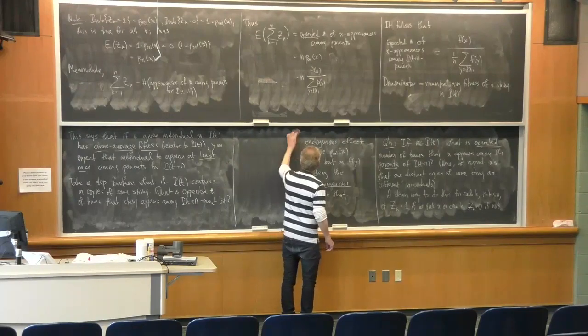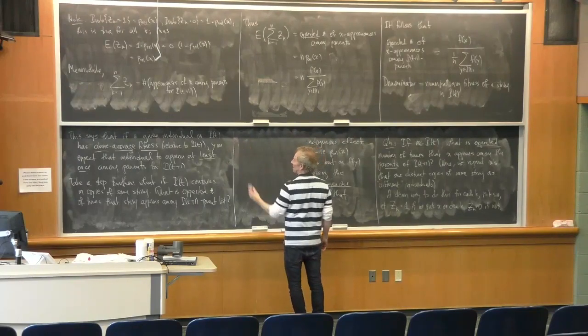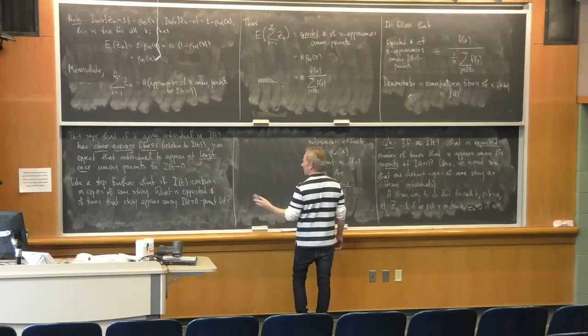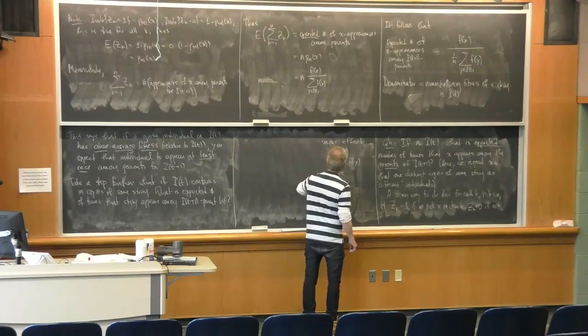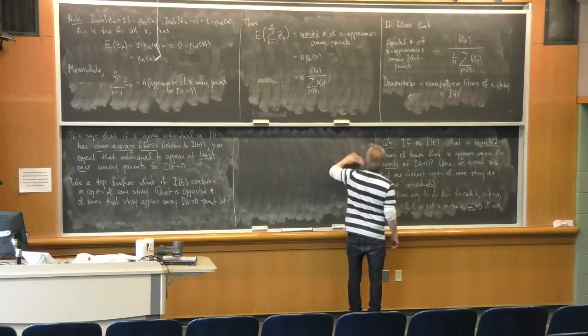Well, I claim it's just going to be m times the expected number of times that any one of those individual representatives of that string appears.